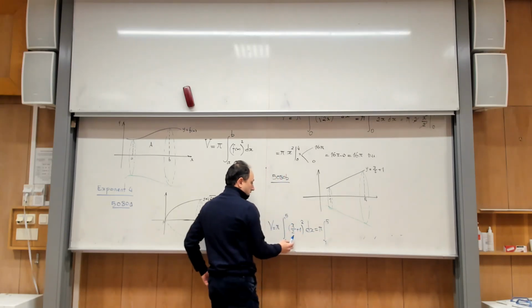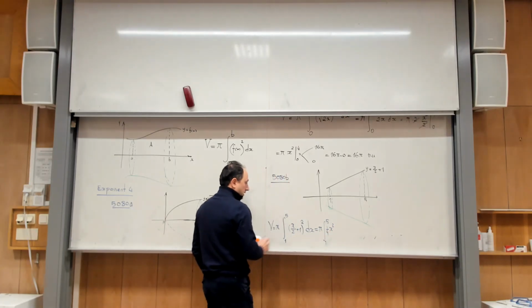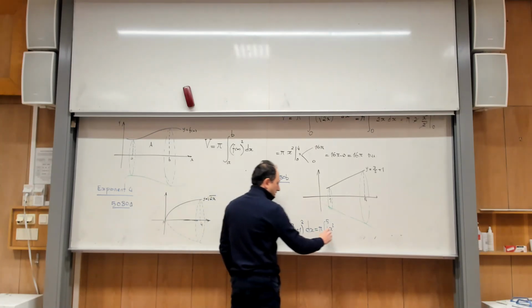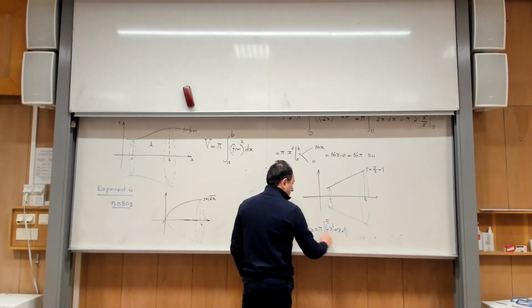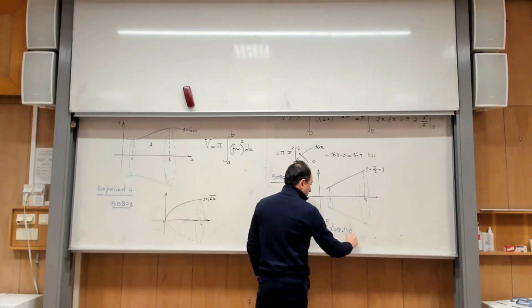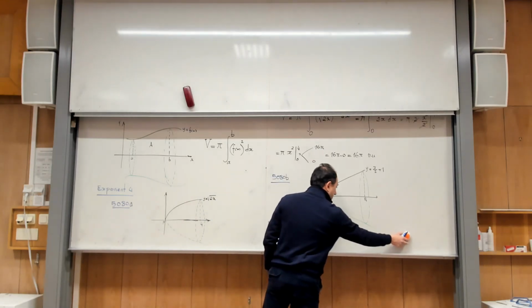This is a quadratic term, so the first one squared becomes 1 over 4 x squared. And 2 times the first one, which is x over 2, times the second one, which is 1, gives x, and then plus the second one squared. 1 to power 2 is 1, and then, as usual, dx. So you shouldn't bother about dx, but you have to write it down.